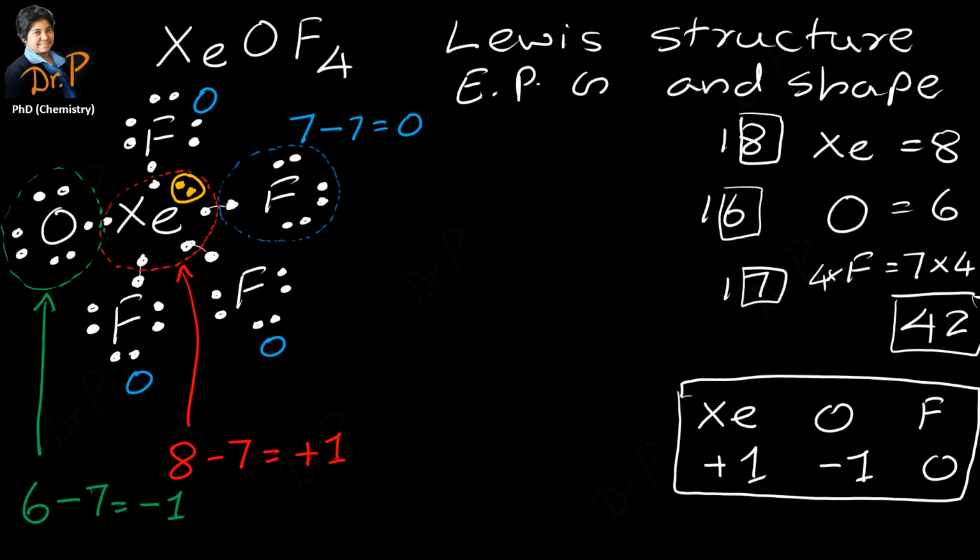Now let's do a small rearrangement in electrons and see if we can get a better set of formal charges while still following the octet rule.